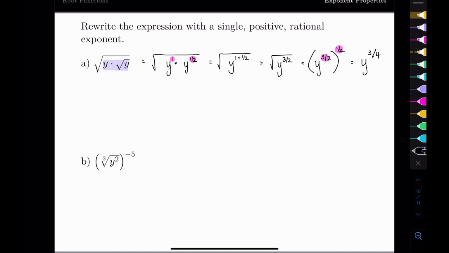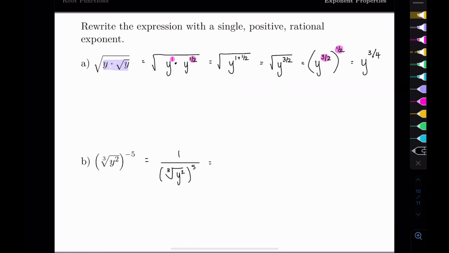Okay. For this last one, we again have a couple different things. Maybe your gut tells you you've got that negative exponent and you want to flip it right away. Absolutely. Go right ahead and do that. So this is 1 over the cube root of y squared now to the positive 5th power, because again, we want positive exponents.